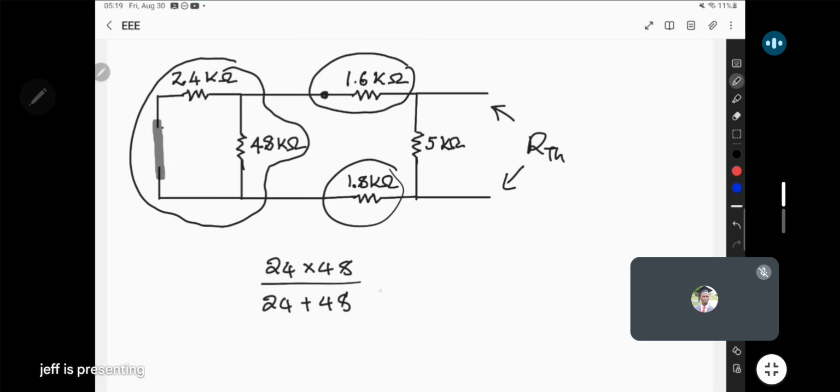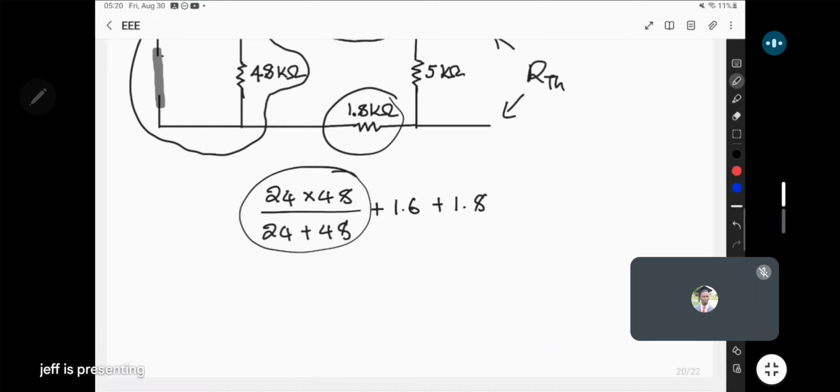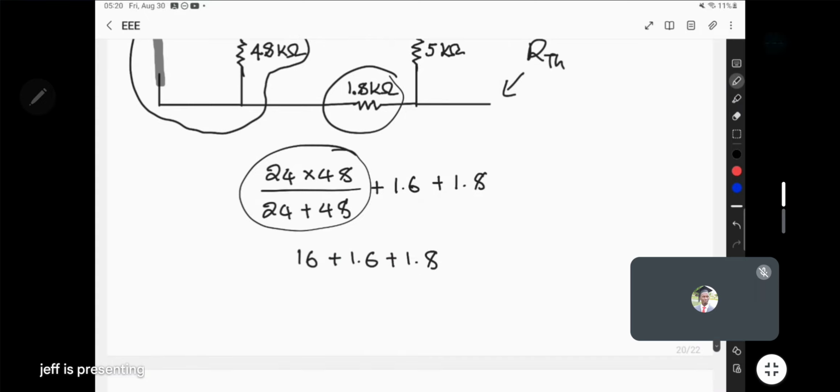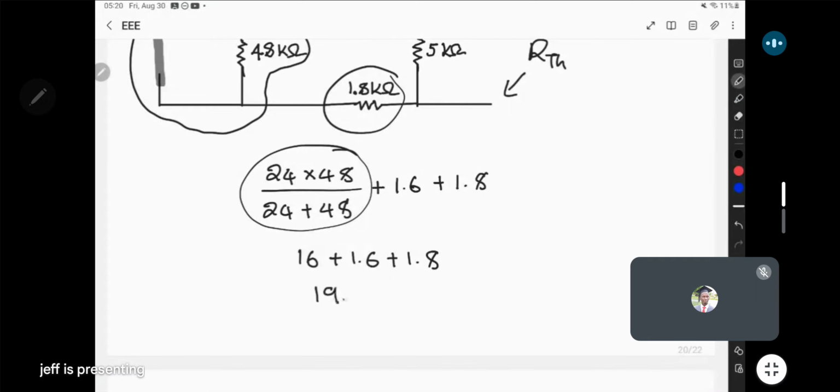So you can say plus 1.6 plus 1.8. But first, let's get what this is going to be. So here we get 16. Then we have plus 1.6 plus 1.8. So we add those, we get 19.4 kilo ohms.